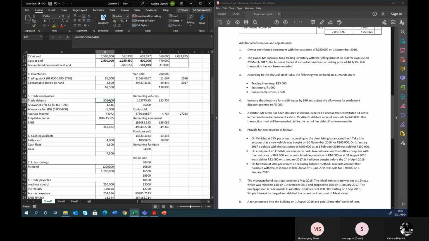I subtract the 5,600 first, the amount he's going to be paying me, and then I subtract the amount that I'm going to write off as credit losses. Now my debtors control looks like this. Remember, debtors control, like any account, is a T account. On the debit side I had the 340, and on the credit side I had these two amounts, the 5,600 and 34,400. Fine.